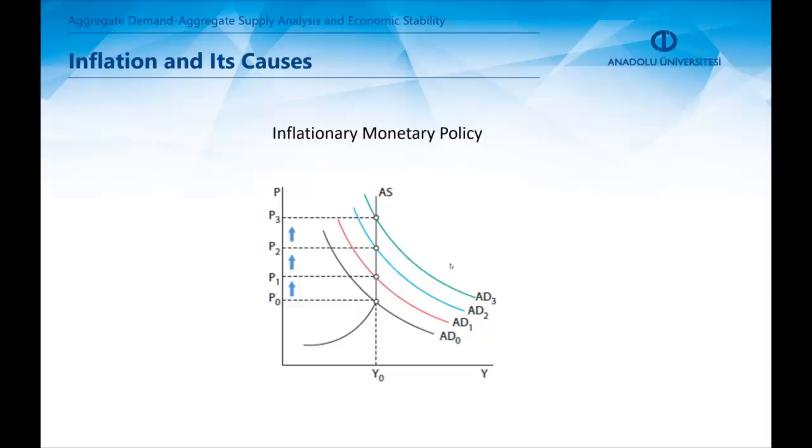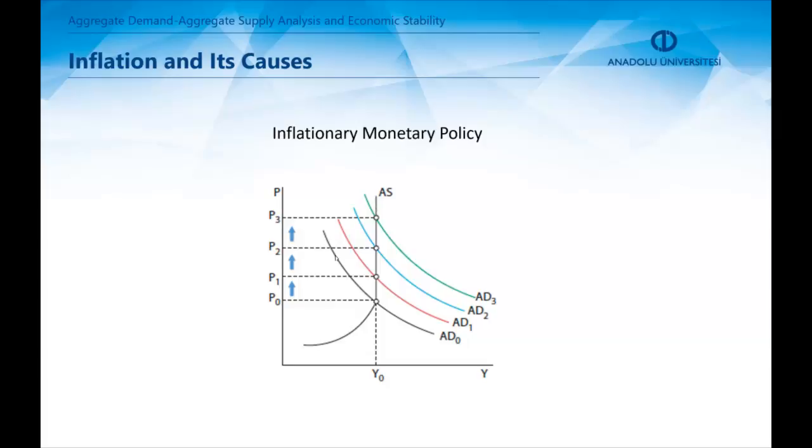This is a real problem for an economy, because when you look at this figure, the vertical AS curve shows that the economy is at full capacity.